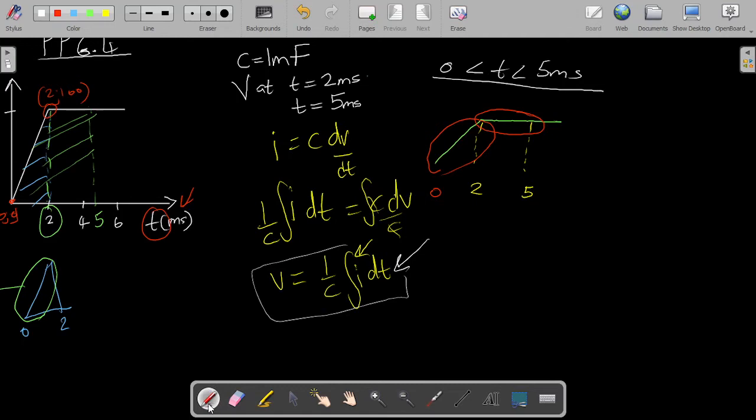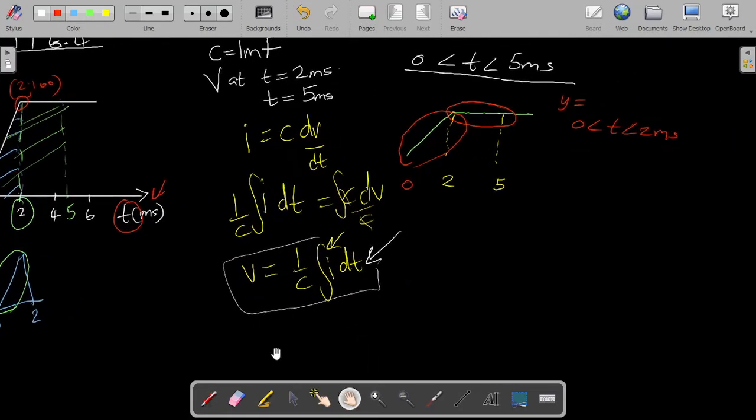We've already found the formula for the region between 0 and 2 milliseconds. If we want to call it Y, it's technically I, the current.